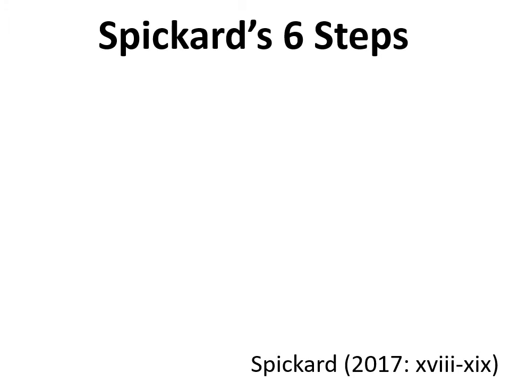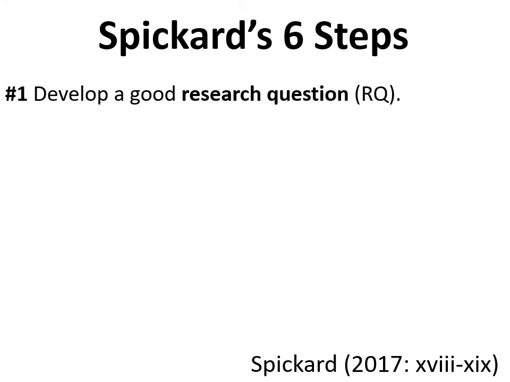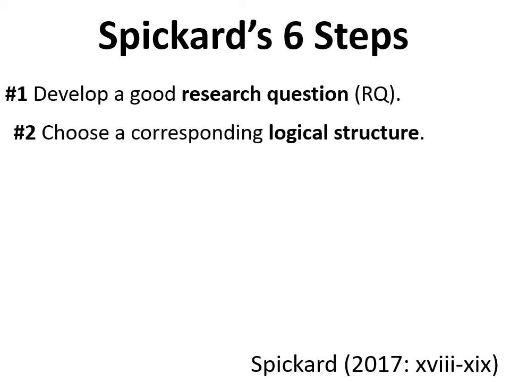Spickard's 6 steps you will recall because this is the 9th week that I've gone through this slide. The first step is develop a good research question. Remember, good means that it is clear, it is focused, and it is specific. We then choose a corresponding logical structure.